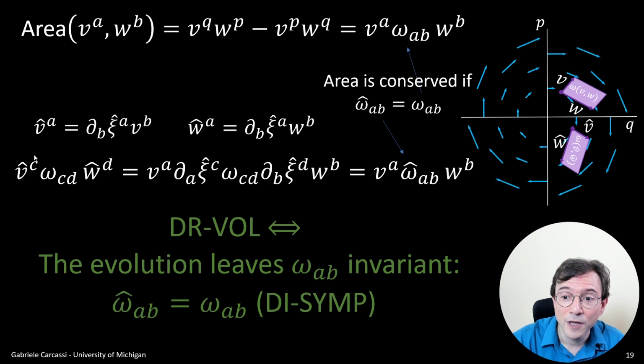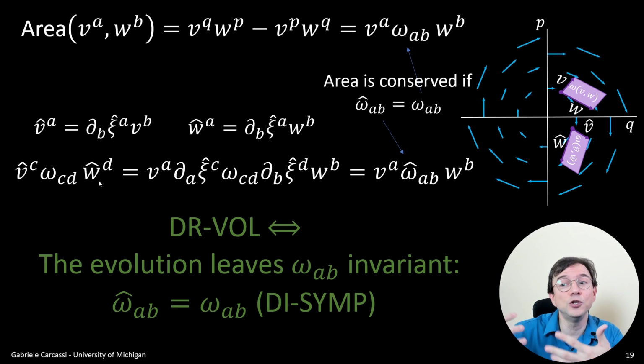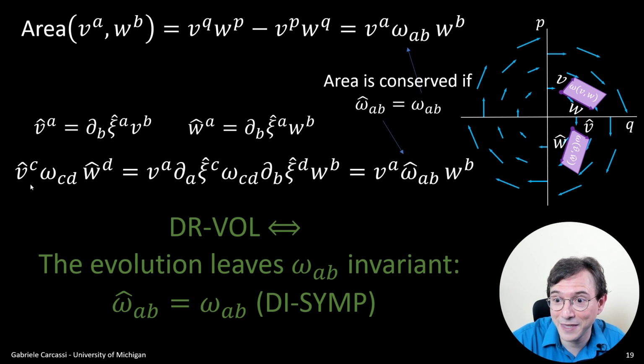So you can now calculate the area of the transported vectors, and again, we just take the two vectors and multiply them with our matrix, with this element by element multiplication. And then, of course, we can re-express these vectors in terms of the original vectors and these Jacobians. And then what you can see is that this omega hat basically becomes this matrix over here. These are just products of matrices, so you have a matrix inside here sandwiched in between V and Q.